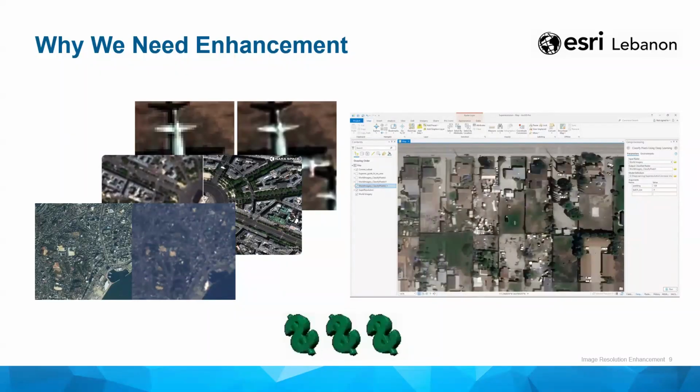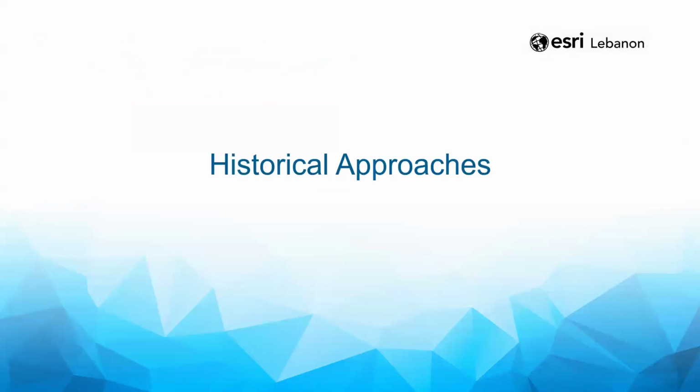That makes small objects hard to detect and classification less reliable. And getting truly high resolution multispectral data is expensive. So the real problem is simple. We want the sharpness of panchromatic imagery and the spectral richness of multispectral imagery in one product.